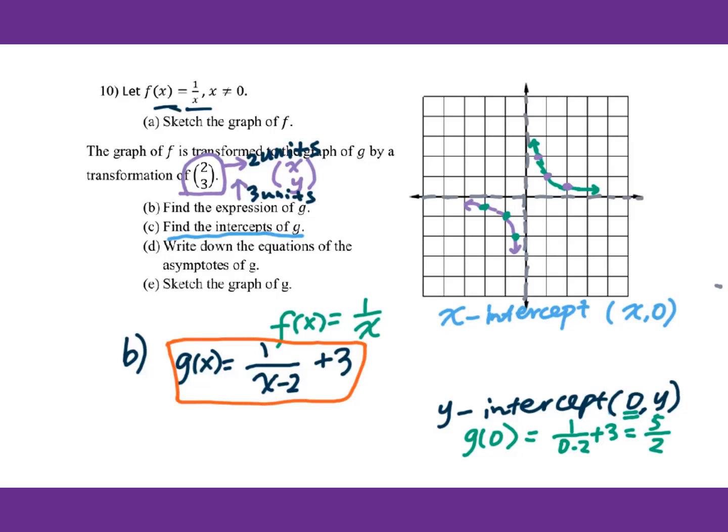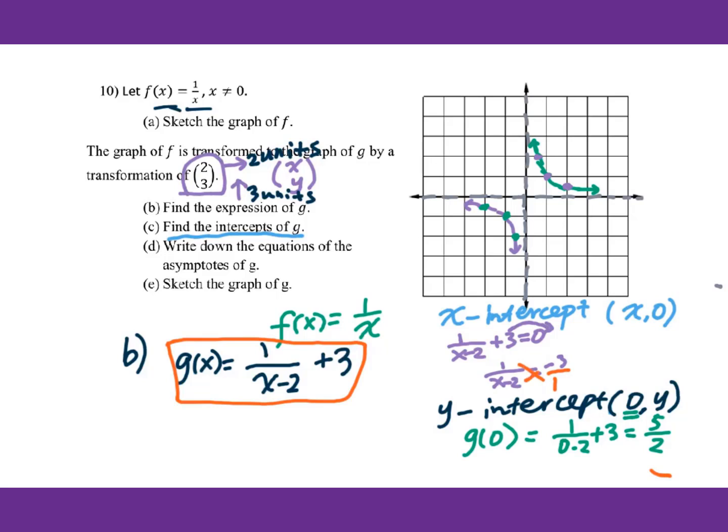For the x-intercept, you set up 1 over x minus 2 plus 3 equals 0. Then we solve for that. We move 3 to the other side. Therefore, we get 1 over x minus 2 equals negative 3. Then I cross multiply.